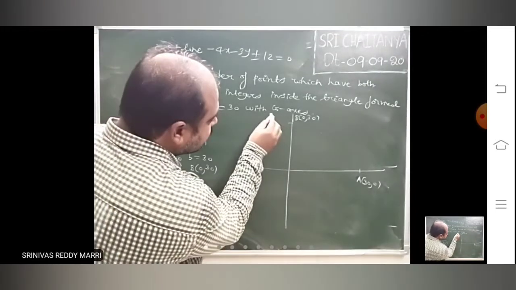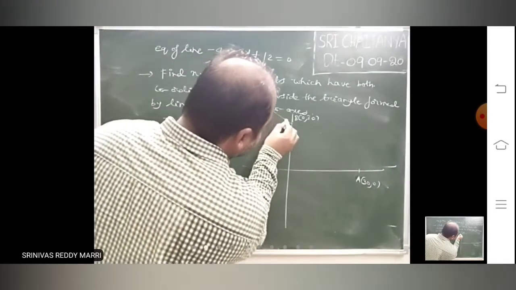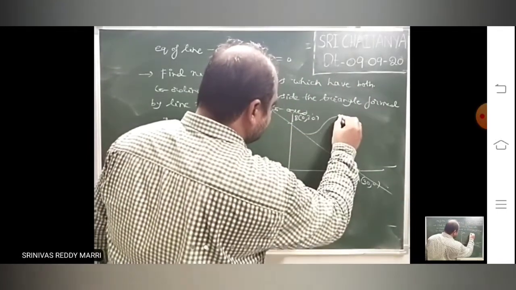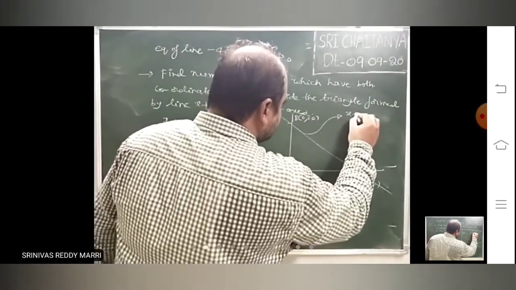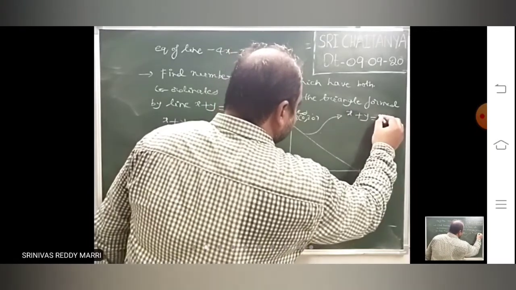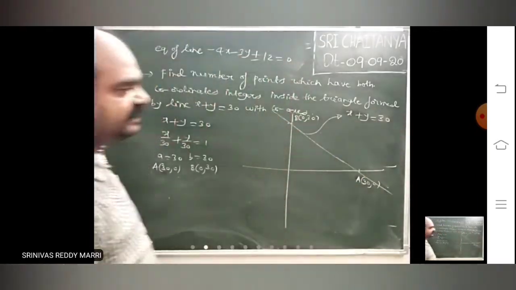Now he is telling, so this is the line. Whenever you want to draw a line, convert into intercept form.